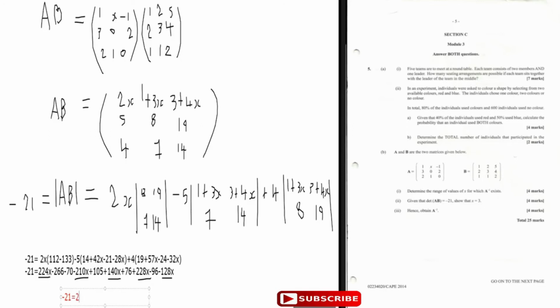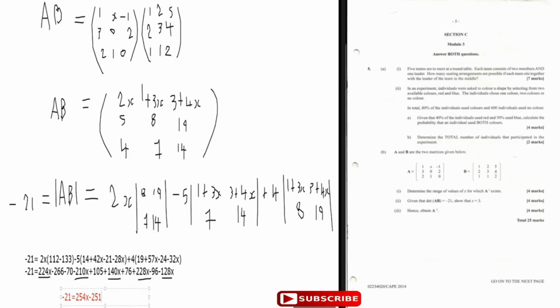That's 254x. Then adding up all the numbers, I have minus 266 minus 70 plus 105 plus 76 minus 96. I get minus 251. Bringing it over, 251 plus 21.